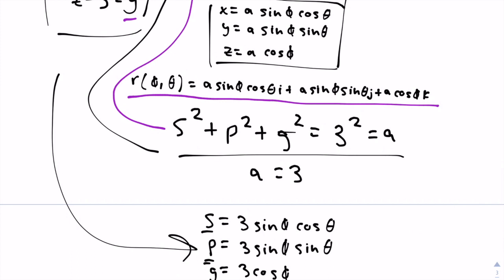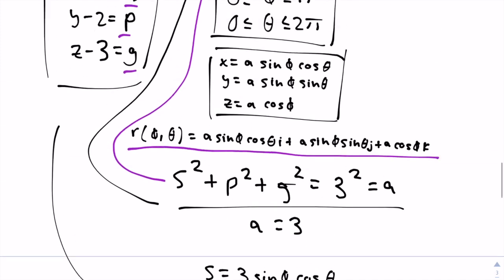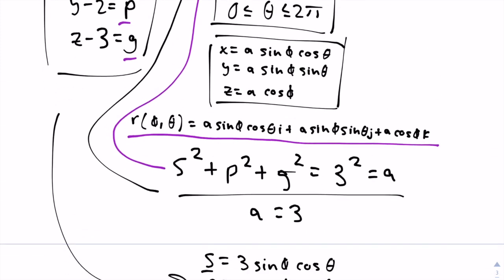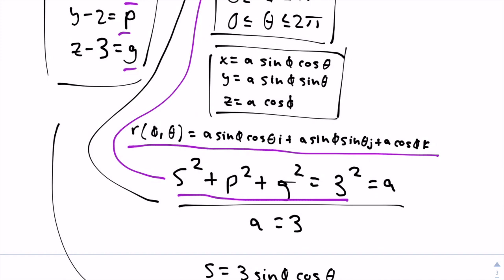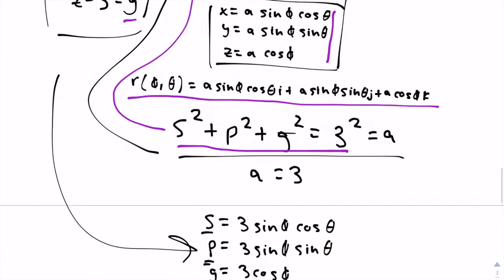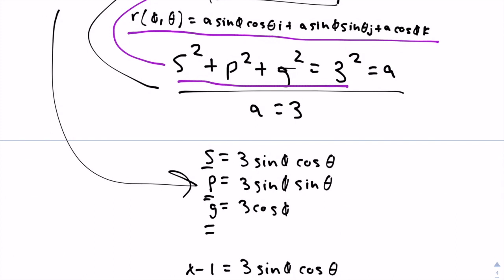Because we did that, we could define our new equation for our sphere, which looked very similar in terms of the same parametric equations that we got for any sphere centered at the origin. In our case, our a was equal to 3, so s is equal to 3 sine phi cosine theta, p is equal to 3 sine phi sine theta, and g is equal to 3 cosine theta.